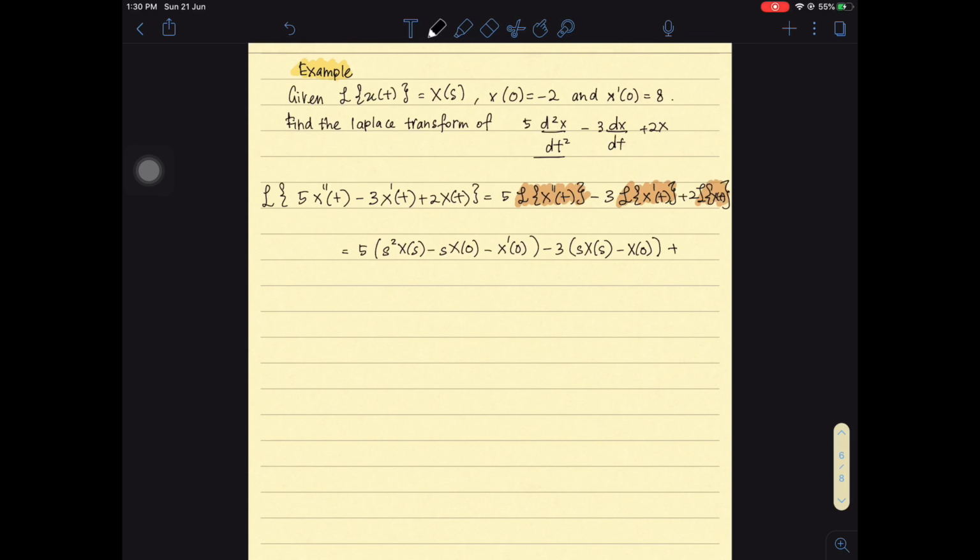Plus 2, and the Laplace transformation of x(t) is given by X(s) here, so X(s).